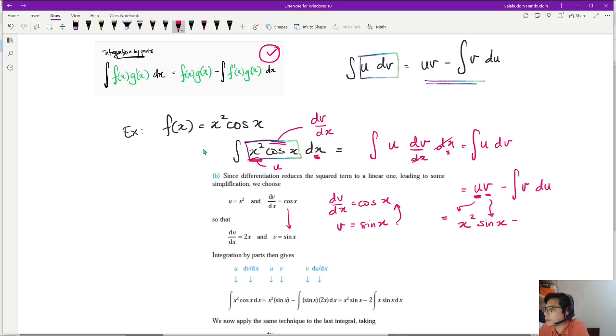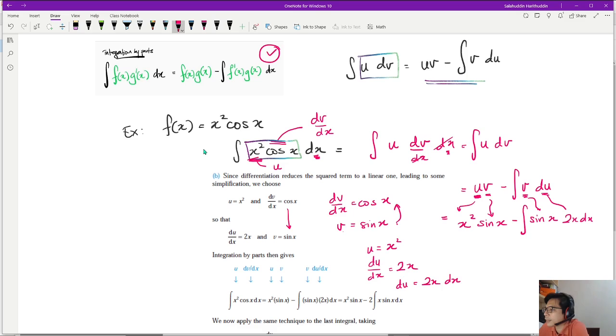Now we need to do this part. What is v in this case? It's sine x, so you need to integrate sine x with respect to du. In this case, what is du? Since u is x squared, du/dx is 2x, and du will be 2x times dx. So v here is this, and du here is 2x dx.